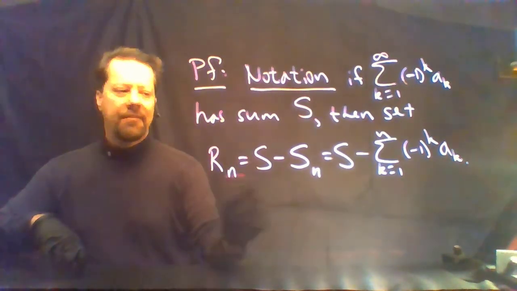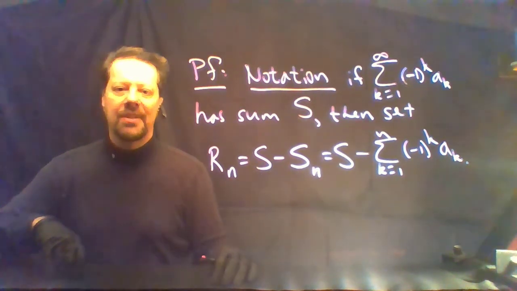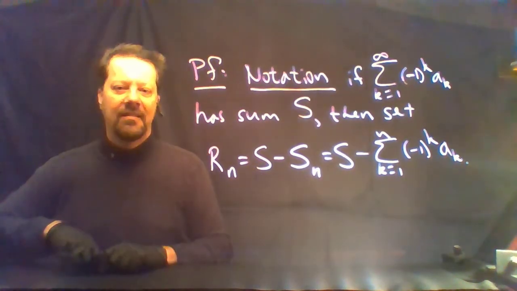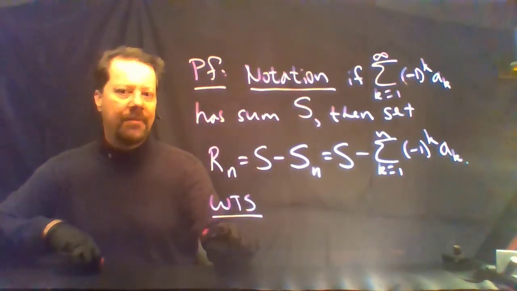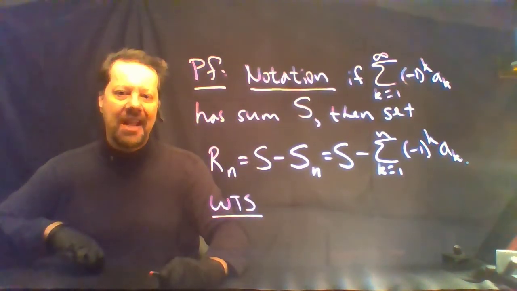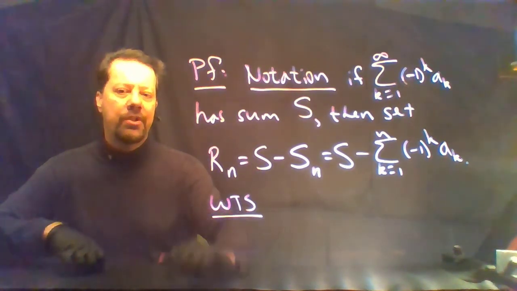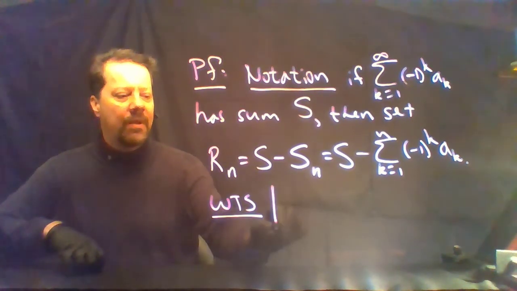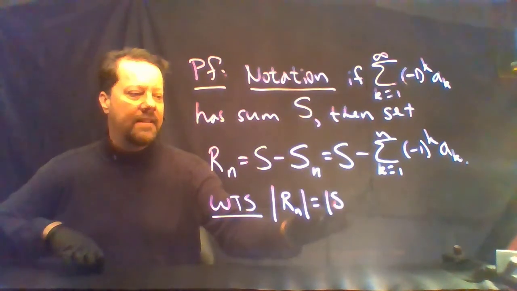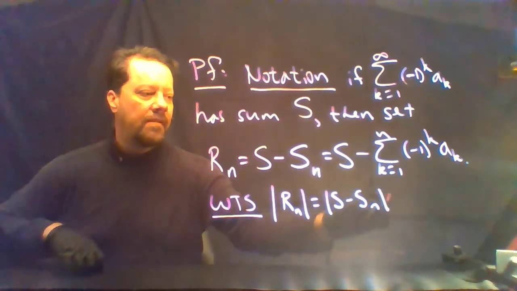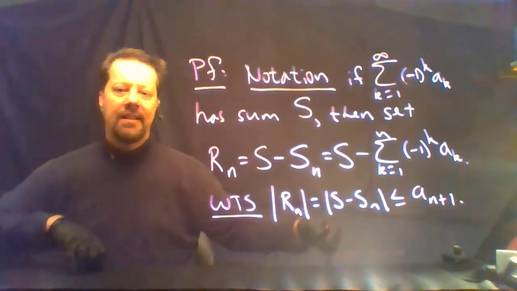This is what is left over, the gap between the nth partial sum and the actual sum of the entire series. What we want to show, and WTS is the standard mathematical notation for the phrase "want to show," is that this distance is no worse than the very next term.